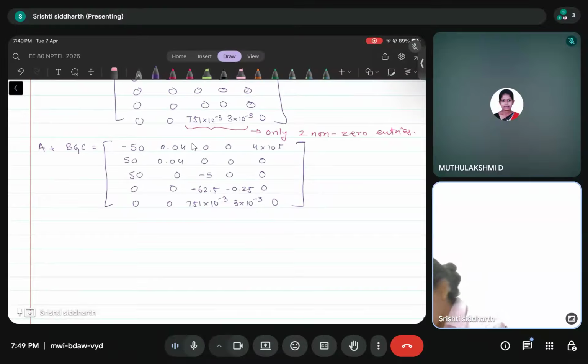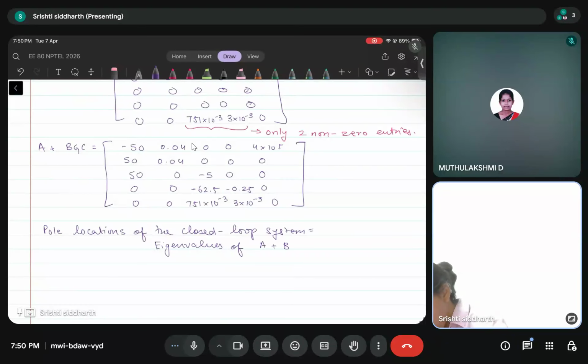Okay, so pole locations of the closed loop system are the eigenvalues of A plus BGC.